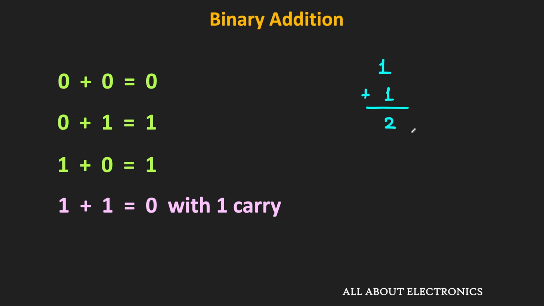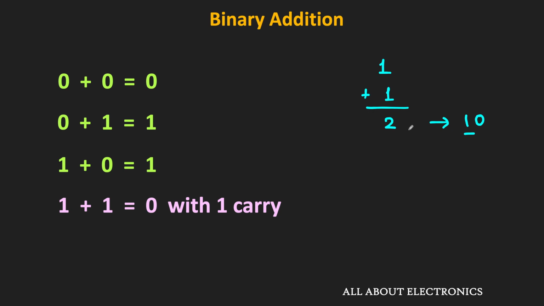And the binary equivalent of 2 is 10. So in binary, when we do the column by column addition, this 1 will go to the next column as a carry. Therefore, when we are talking about the column by column addition in the binary number system, 1 plus 1 is equal to 0 with 1 as a carry to the next column.